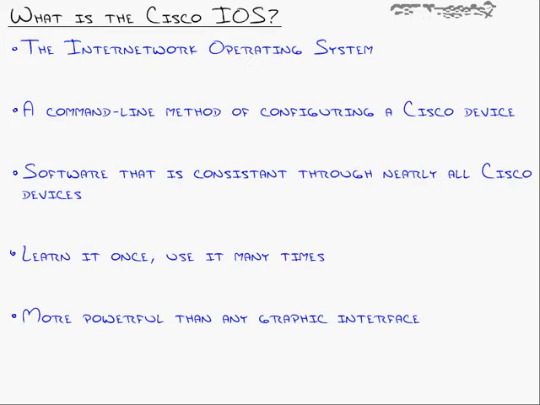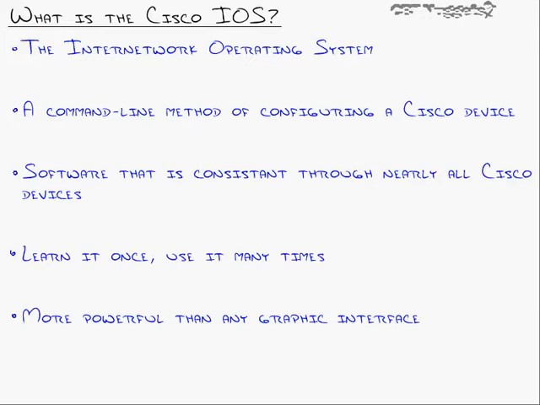The IOS is an operating system that is similar on every single Cisco device you'll encounter. You can see it, the third bullet down, it is a consistent operating system through all Cisco devices. Even devices that don't use the IOS. For example, Cisco creates firewalls called the PIX firewalls or ASA firewalls that people use to protect their network.